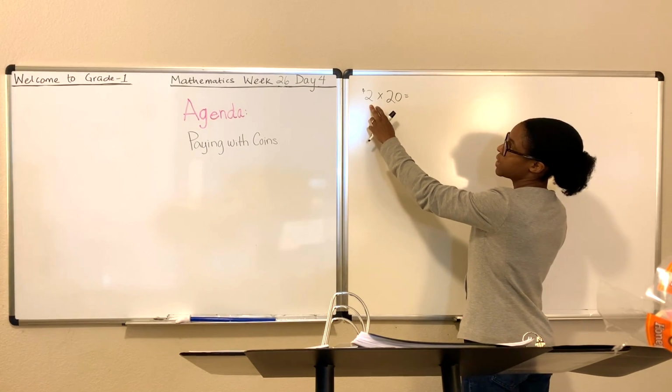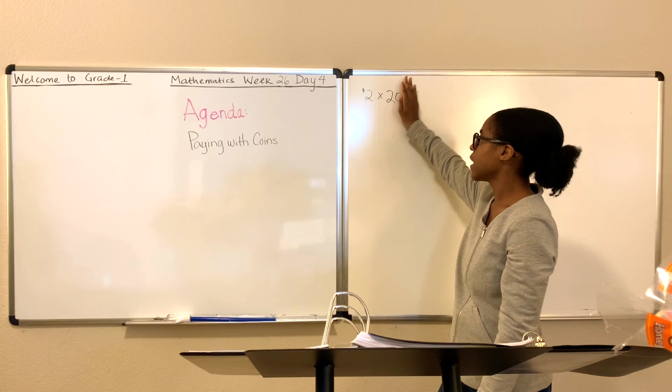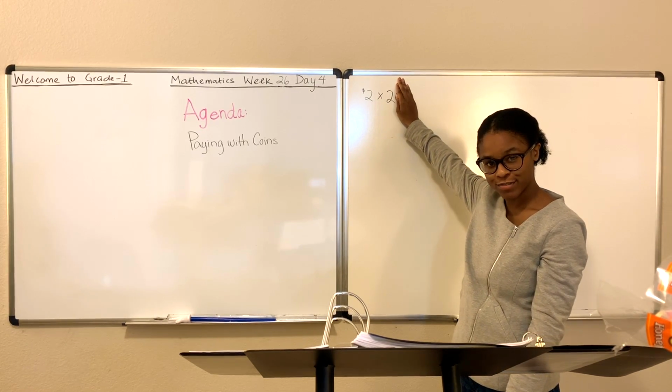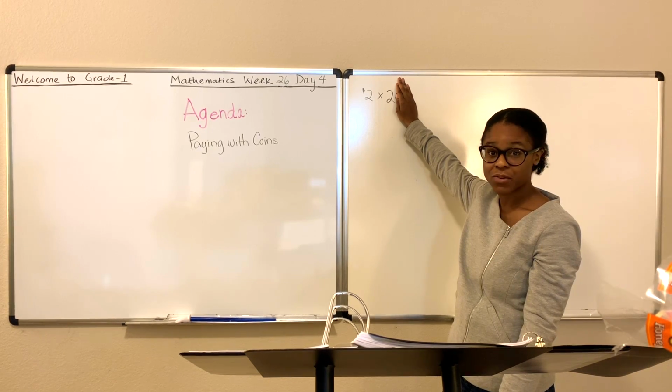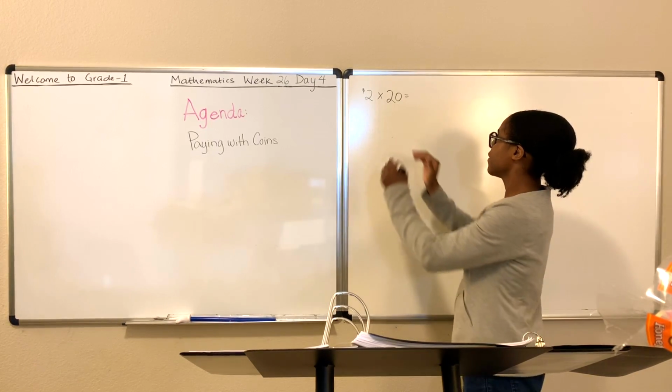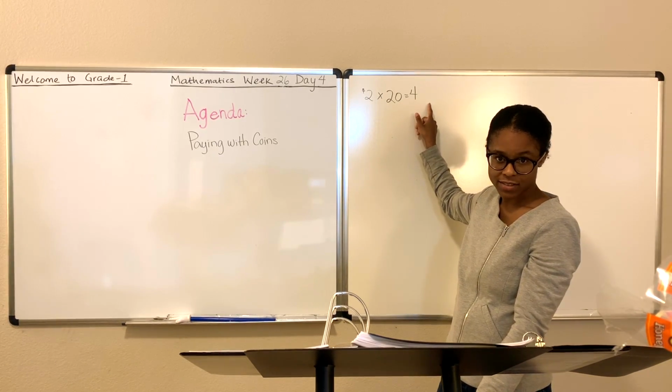And when you multiply, very easily, you're just going to say 2 times 2. What's 2 times 2? 2 times 2 is 4. Okay, 4, and just add your 0 to the end. That's all.